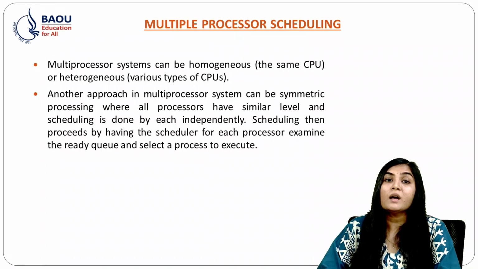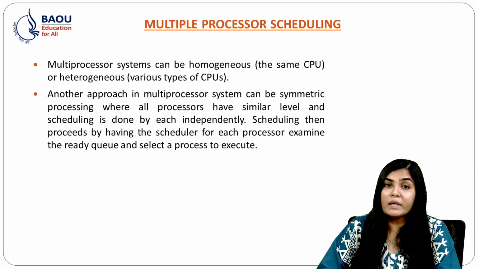One scheduling possibility is to use asymmetric processing, where one of the processors entitled as master server handles all scheduling, I/O processing and all other system activities, while the remaining processors handle only user code.